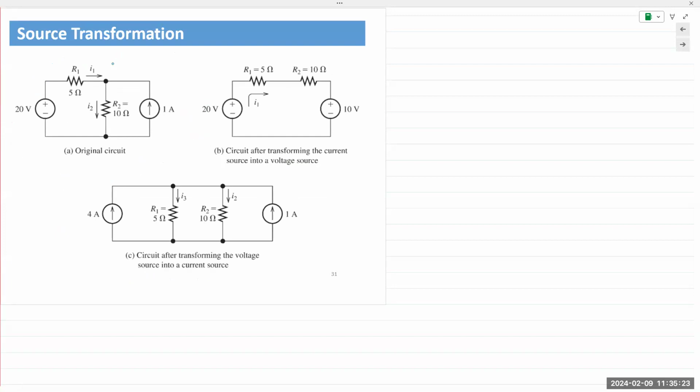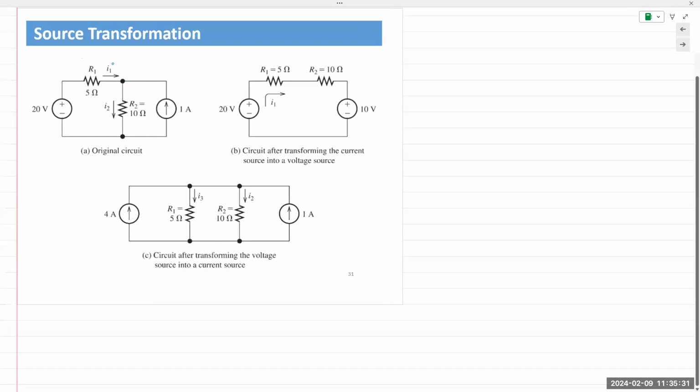But because there are two sources, if you wish to find the current I1, let's say, or the voltage VR1, you would have to at least do superposition at a minimum. Superposition, or you could do mesh current analysis or node voltage analysis, right? There's no other method. But source transformation would allow me to skip all of those steps and find the answer in only 2 steps. I'm going to show you how.